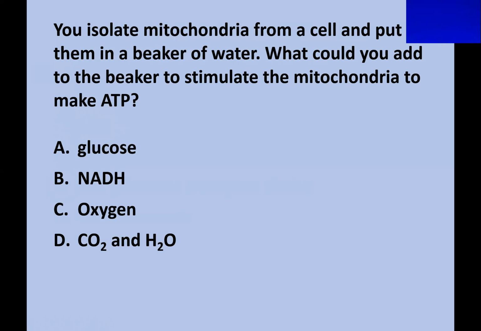And this is a challenging one. I want you to really think about it. And my suggestion is you go through all the answers and say why or why not they would be correct. So you isolate mitochondria from a cell, put them in a beaker of water. What could you add to the beaker to stimulate the mitochondria to make ATP?